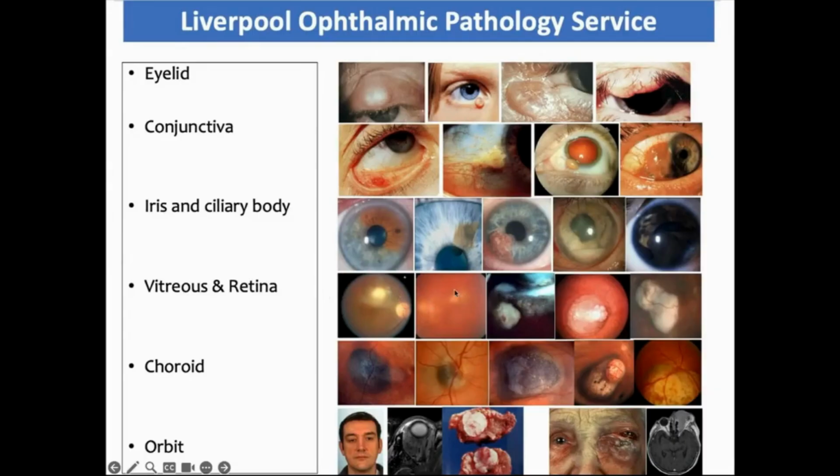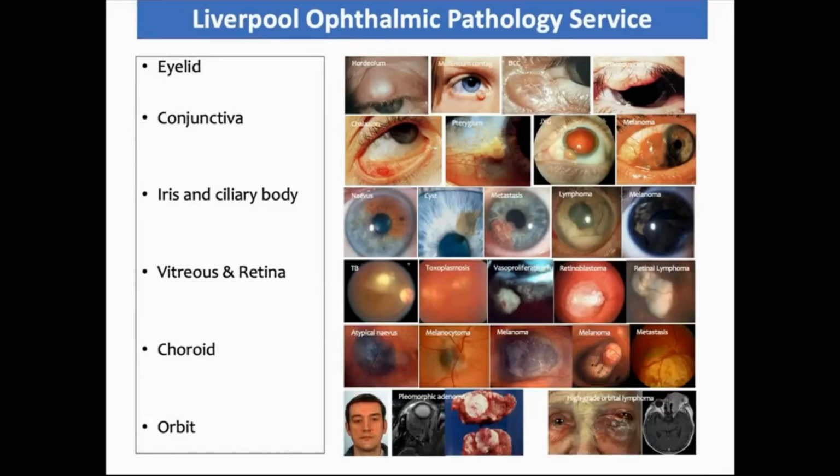And then we also have tumors and lesions which involve the vitreous and the retina. And lastly, but certainly not least, are the lesions which affect the orbit and the associated lacrimal gland and lacrimal gland drainage system. And here are just the diagnoses of these different lesions.